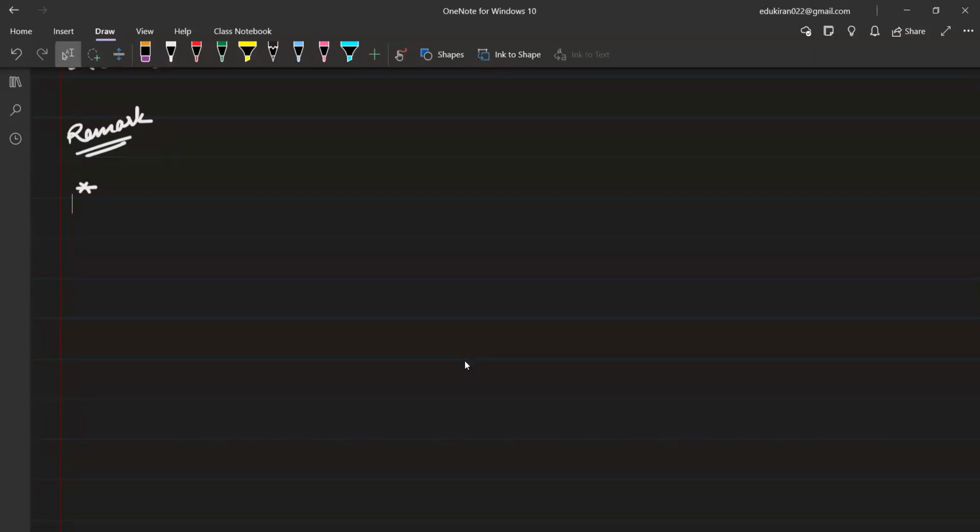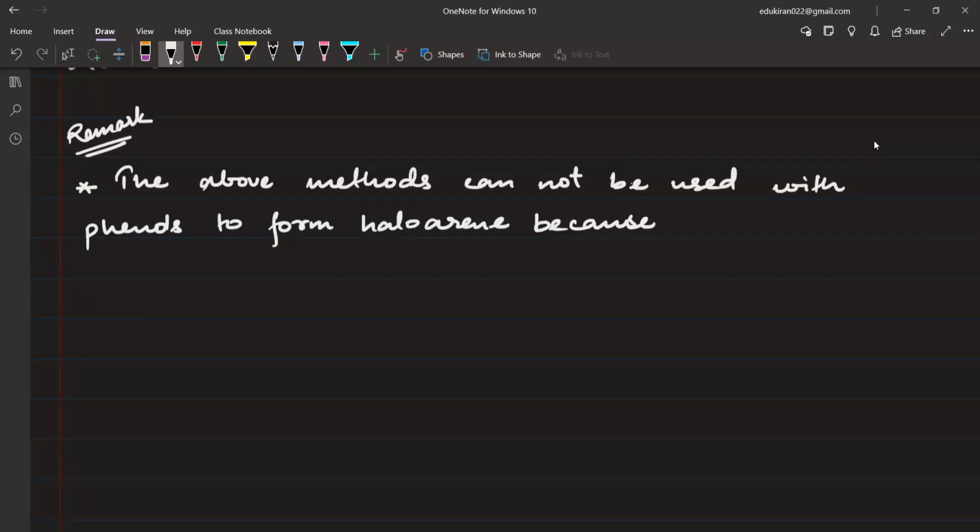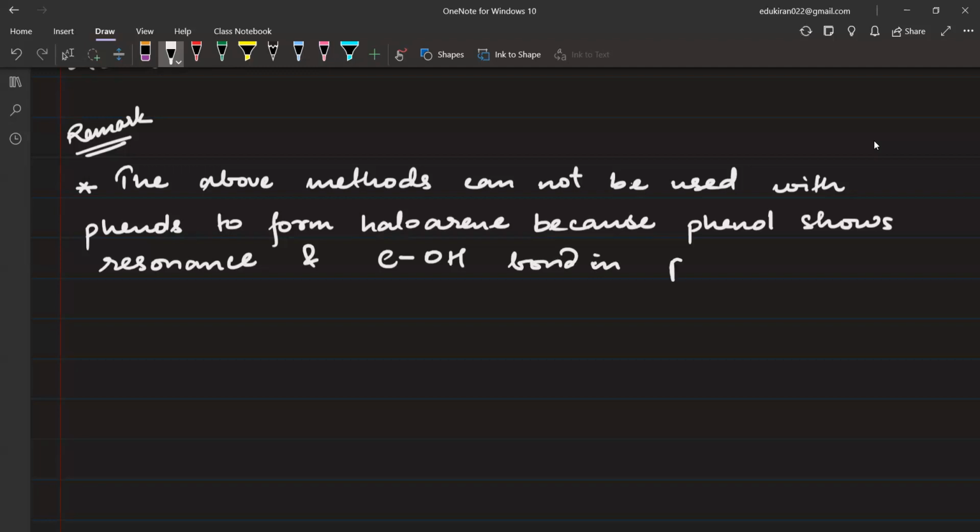All of these reactions, the above methods cannot be used with phenols to form haloarene, because phenol shows resonance and the C-OH bond in phenol has partial double bond character.